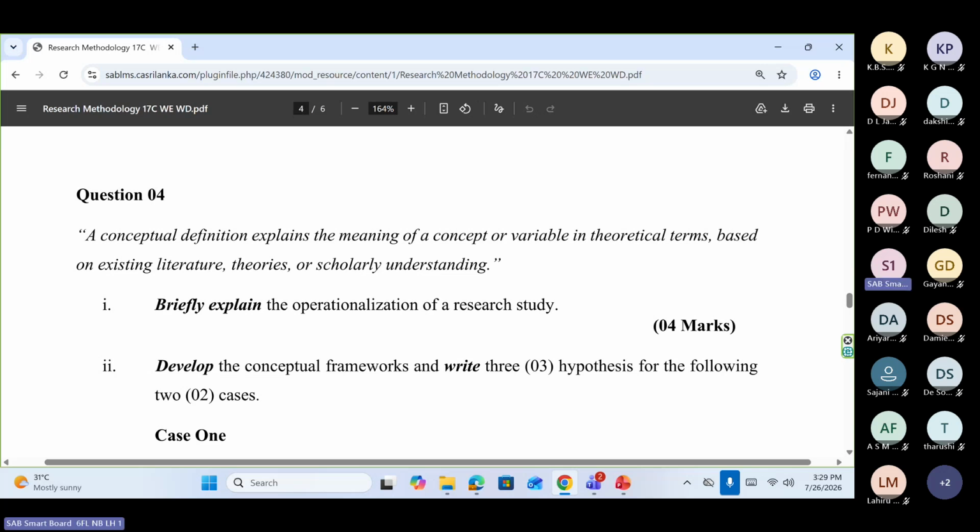So what are the things that we do in conceptualization? We have to identify the variables. Write it down.